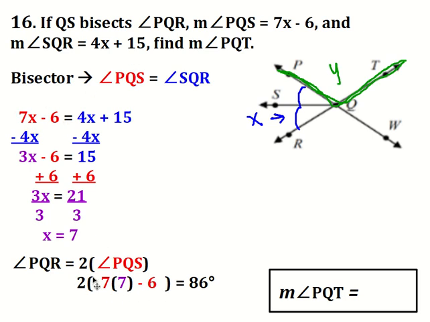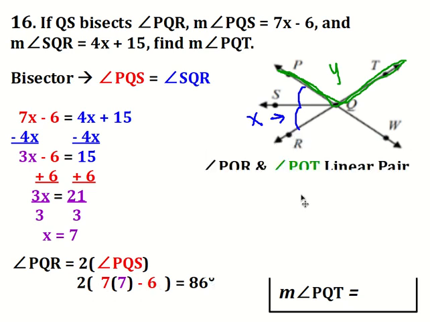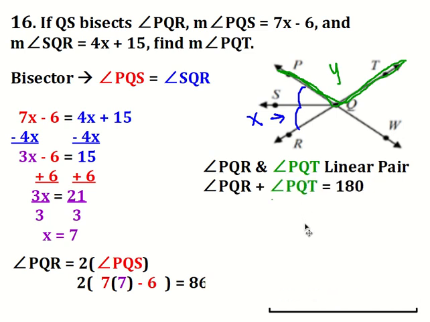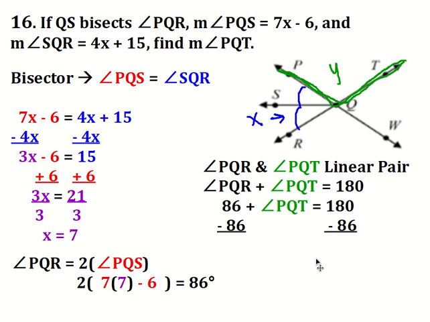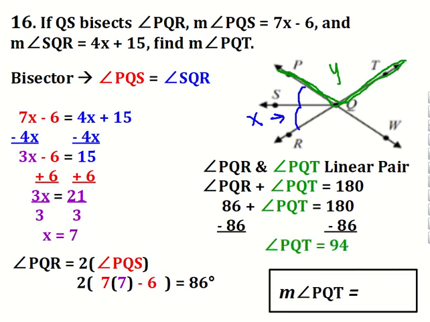This value right here, 49 minus 6 times 2 is going to be 86. So now I know that PQR and PQT make a linear pair. So I'm going to add the two together to equal 180. I'm going to substitute in the values that I know. Then I'm going to subtract on both sides. So the measure of PQT is going to be 94 degrees.